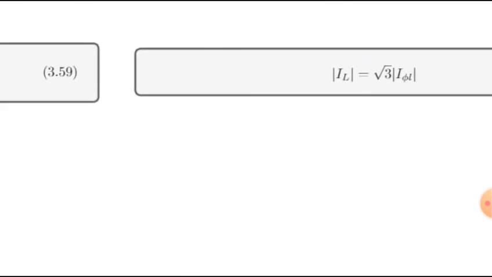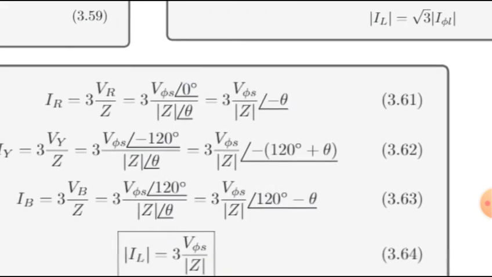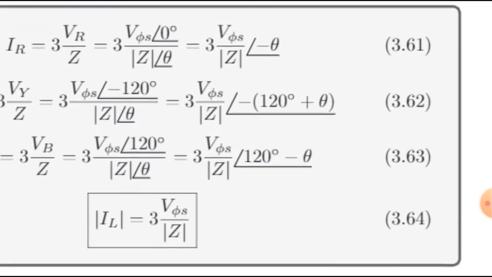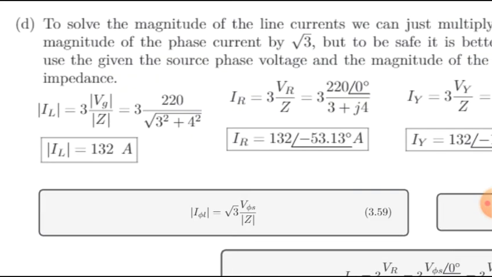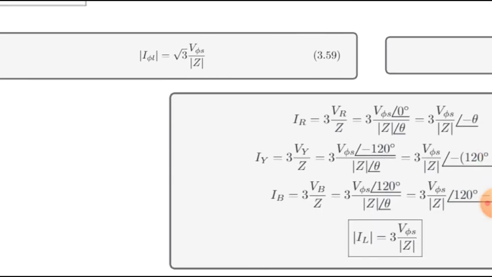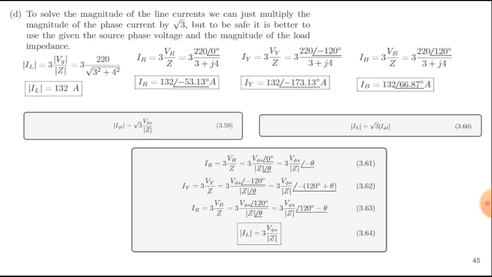If we substitute this one here, we will come up with this formula. You just divide it by Z and multiply it by 3. So this is what I use here. You can use that formula directly, or you can do KVL or whatever you want.